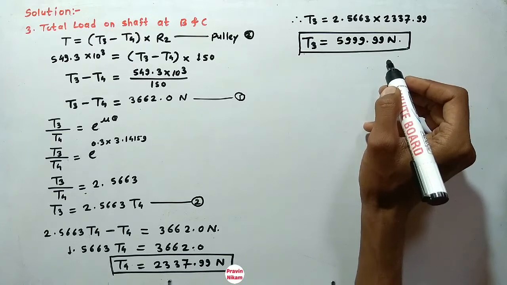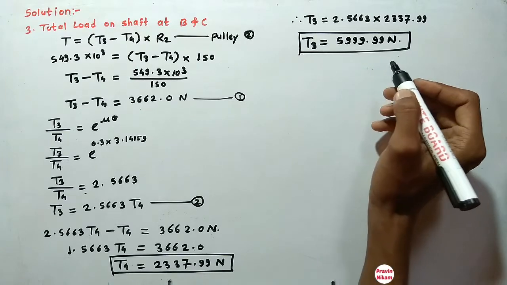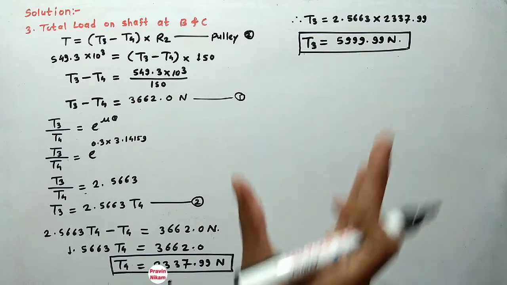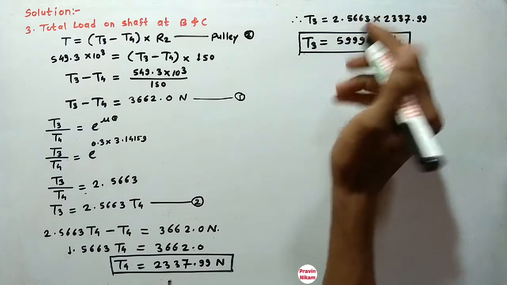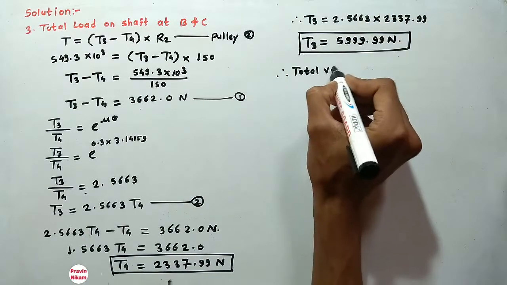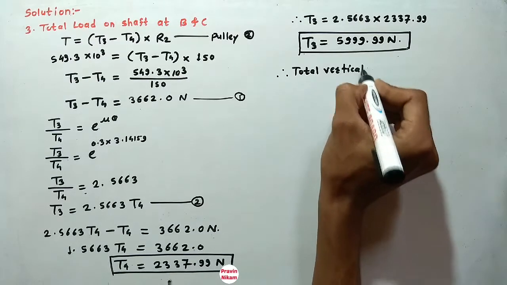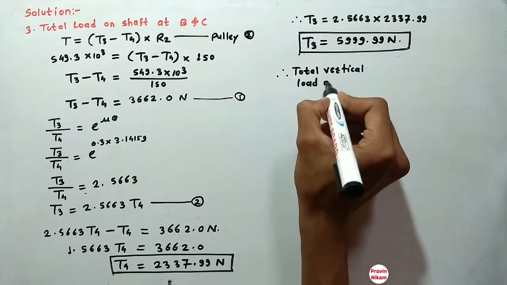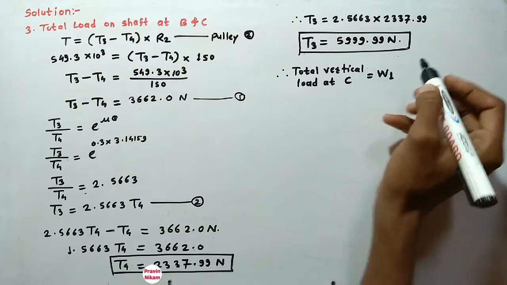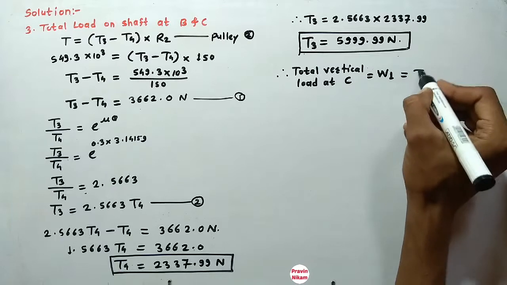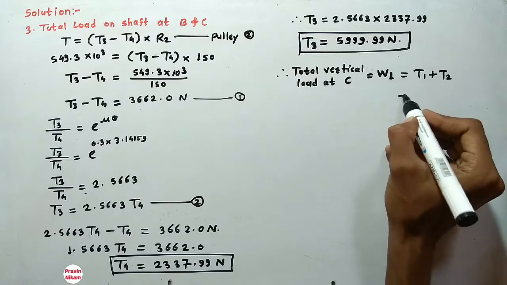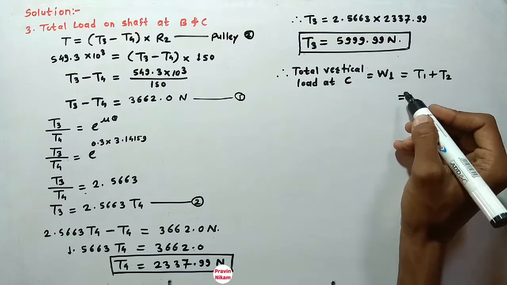Now let us find out total vertical load, because pulley B has vertical belts. So the load is vertical. So therefore total vertical load at point B. Let us assume W1. So W1 is equal to T1 plus T2. So put the values of T1 and T2.